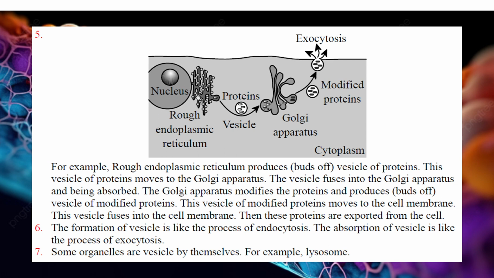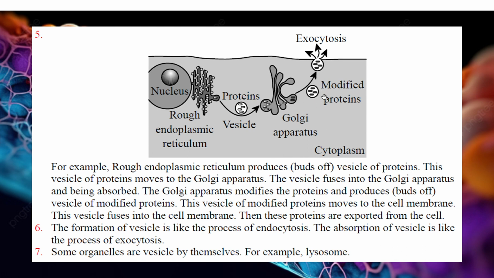For example, the rough endoplasmic reticulum may produce proteins, and these proteins bud off by its membrane and become a vesicle, and this protein is not mature. It goes into the Golgi apparatus, fuses together, and the Golgi apparatus makes the protein mature for other usage outside.